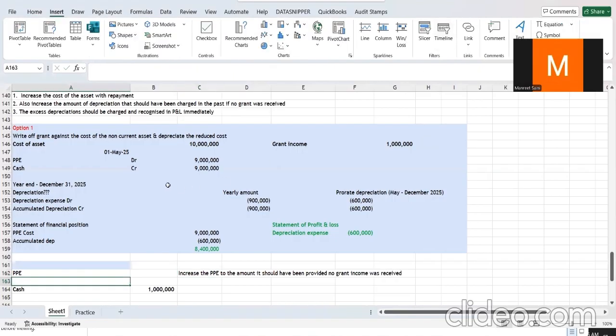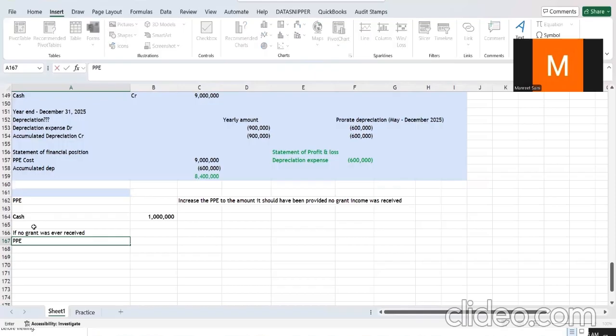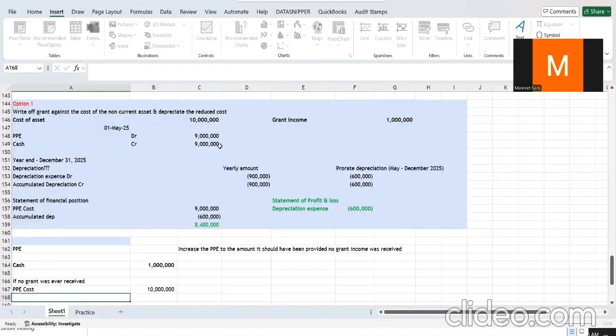Okay, so now let's create another scenario. If no grant was ever received, then what would be the net book value? Then the PPE cost would be 10 million, right?